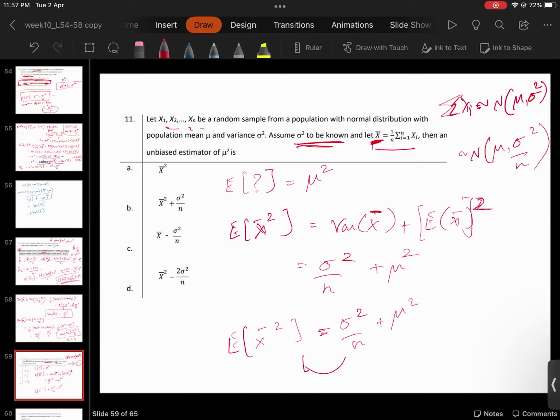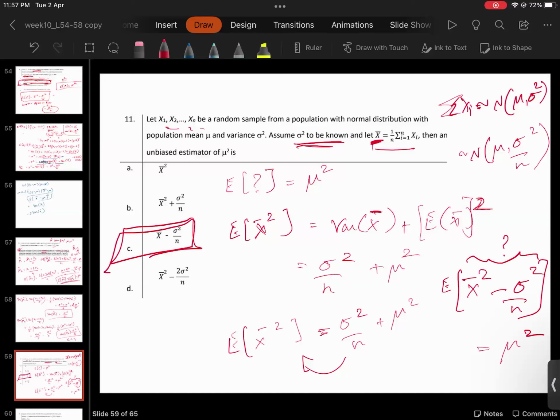You bring the other term to the other side of the equation. So expectation of x bar square minus sigma square by n gives us mu square. Now the question mark term, what is it? X bar square minus sigma square by n. So that is our answer. This is an unbiased estimator of mu square.